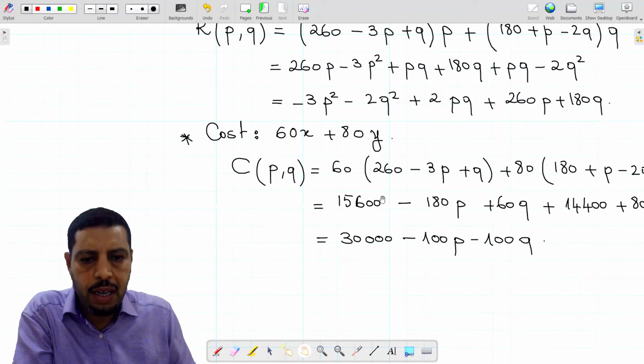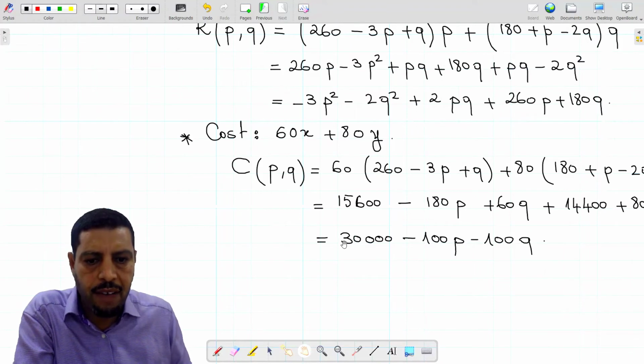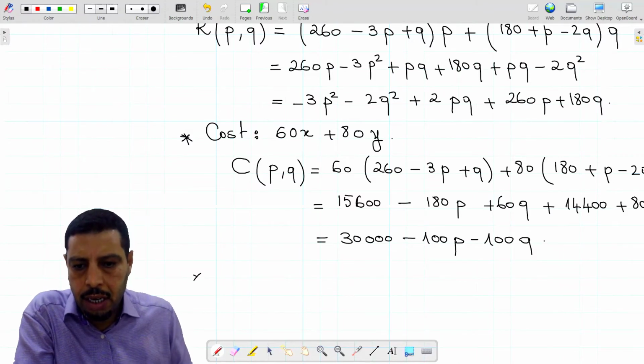Now, to compute the profit, you have to take the revenue function and subtract the cost function. Be careful, when you subtract, you have to invert the signs inside the cost function. So let's just write the final answer here.